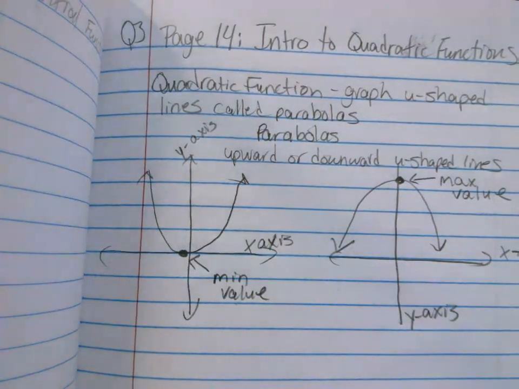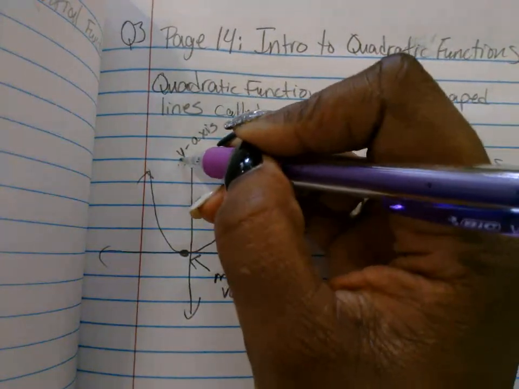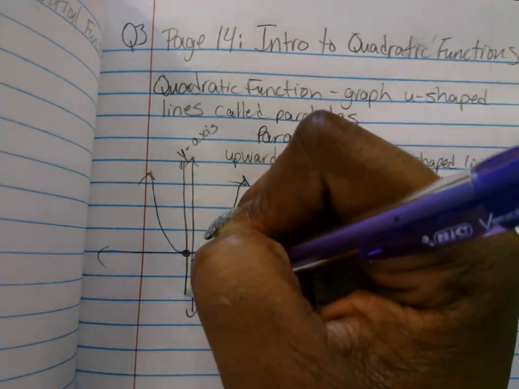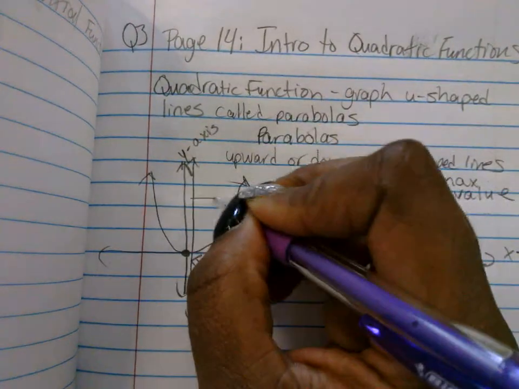A parabola is symmetrical. What does that mean, Ms. Reyes? That means that you can cut it in half and it's the exact same mirror image on the other side of the U. So parabolas are symmetrical. The line that goes through or cuts the parabola in half is called the axis of symmetry.